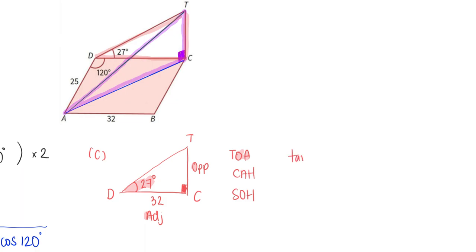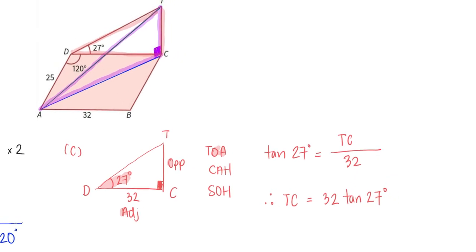So you will see tangent 27 degrees is equal to opposite over adjacent. Therefore, I will get my TC very easily, multiplying 32 on both sides. And because this is not the final answer at this point, I leave it as such.